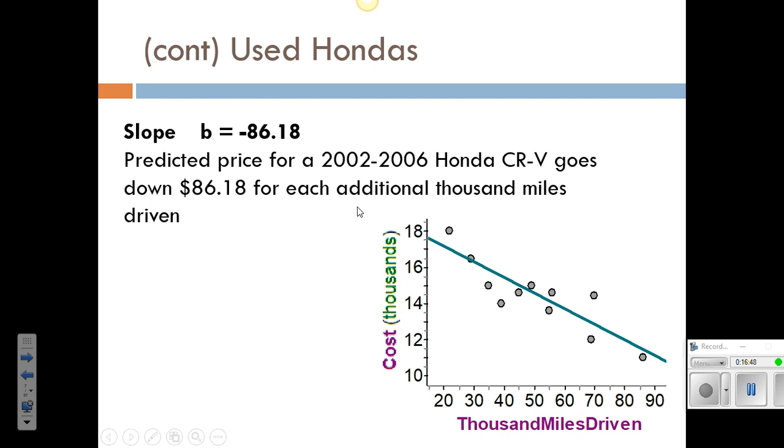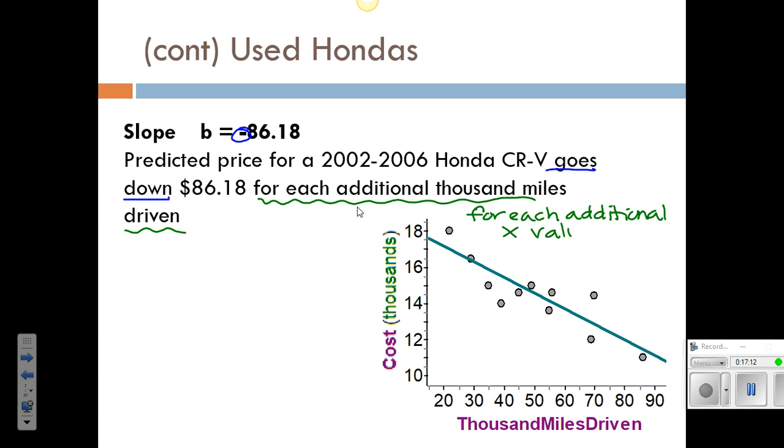So the predicted price for a 2002-2006 Honda CR-V goes down. Why is it going down? It's going down because it is negative, correct? For each additional 1,000 miles driven, and notice that's for each additional x. That's for each additional x item.